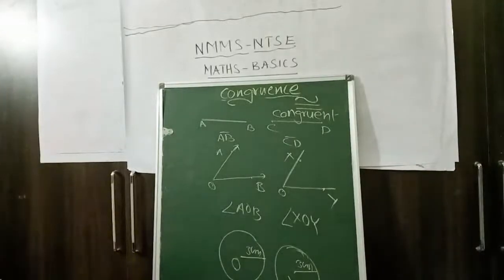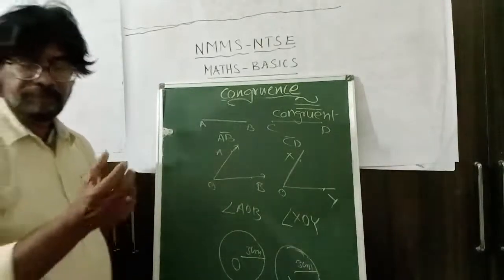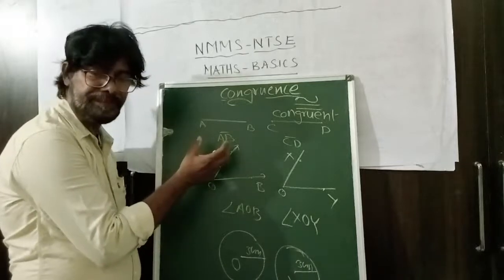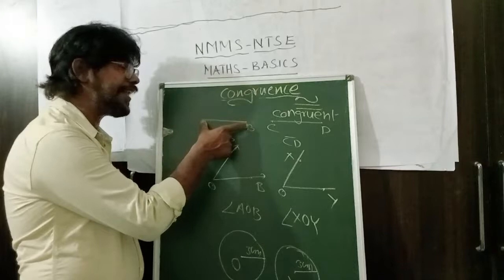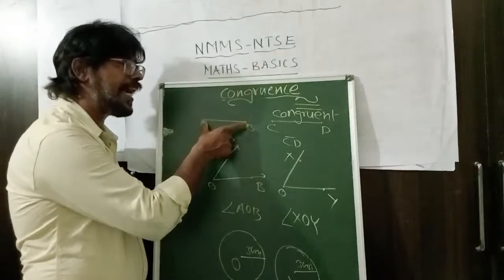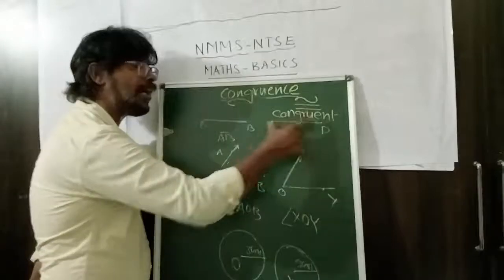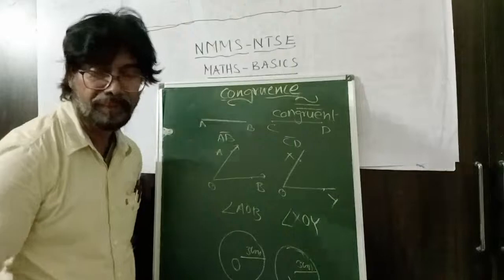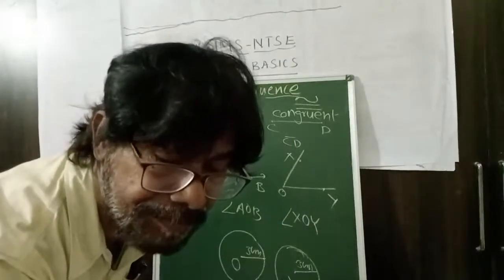Then we say both are congruent to each other. What happens if you take the line AB and place it on CD, then both are superimposed on each other.